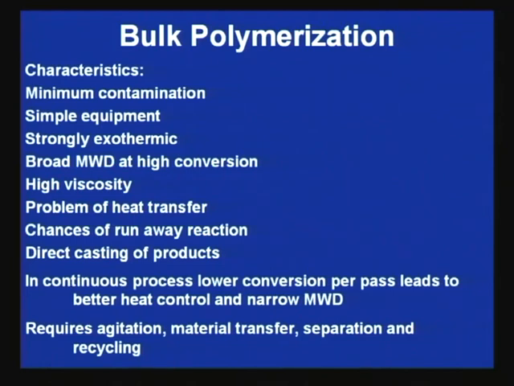So, this science should be understood, how that is the reason behind this broad molecular weight distribution at high conversion in a bulk technique. To understand that, you have to look at that picture of viscosity and diffusion of the free radicals.